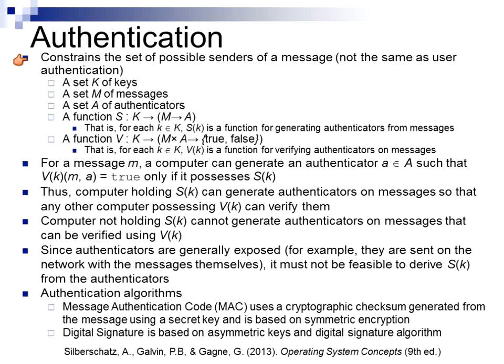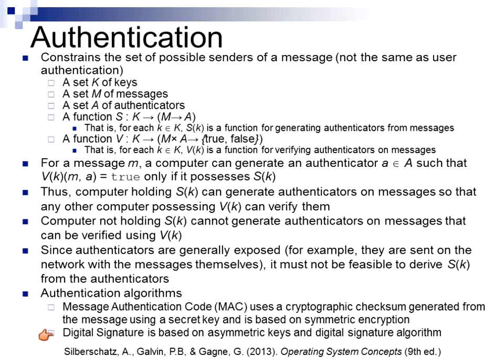And your book gives two different examples of authentication algorithms. One is a message authentication code where it uses a checksum generated from the message using a secret key, and it uses symmetric encryption.